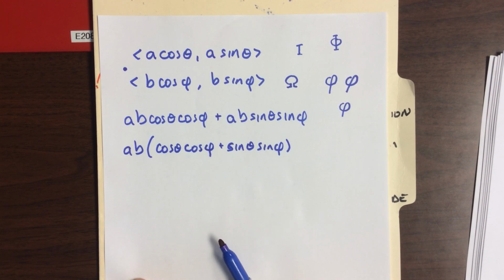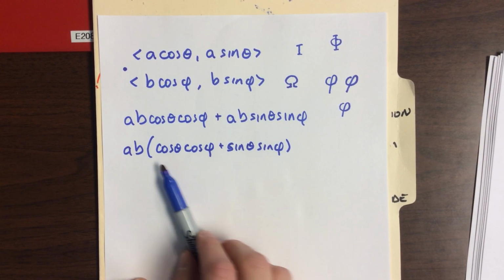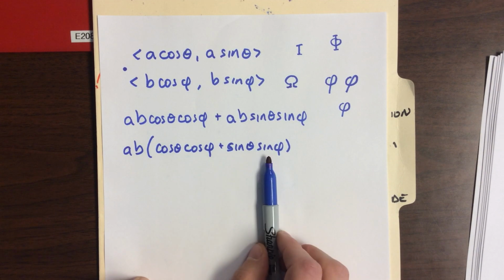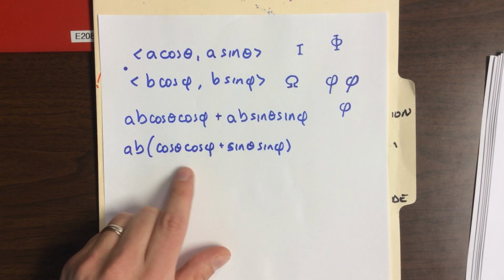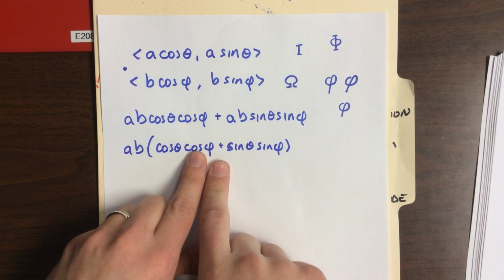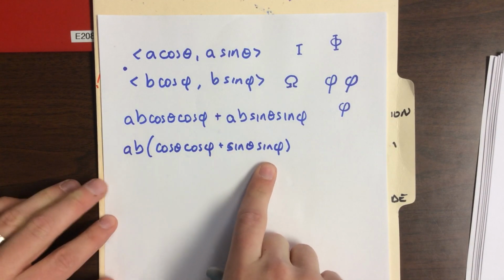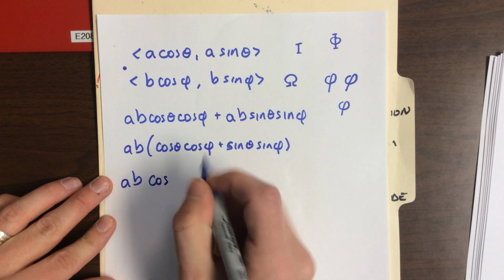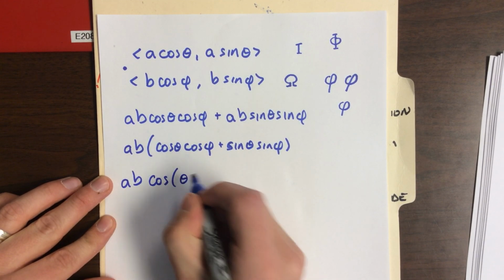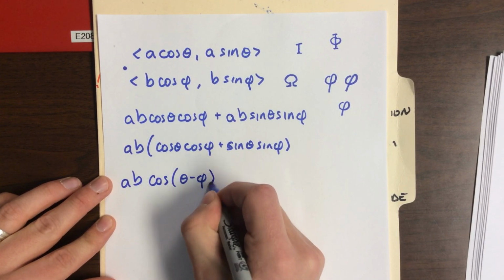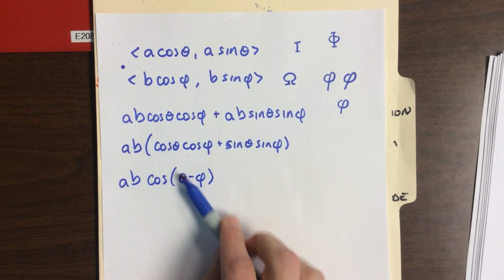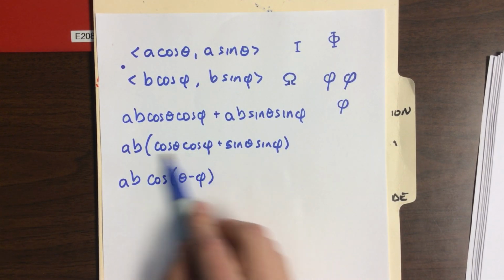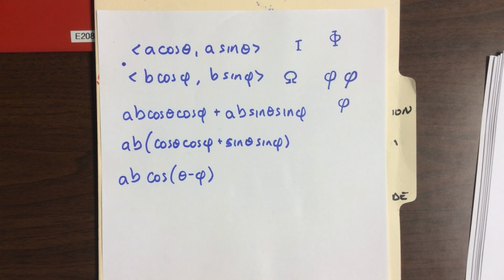This is one of our trig identities. Everything's interconnected with each other. Cosine the first, cosine the second, plus sine the first, sine the second. That is AB. That is cosine of theta minus phi.